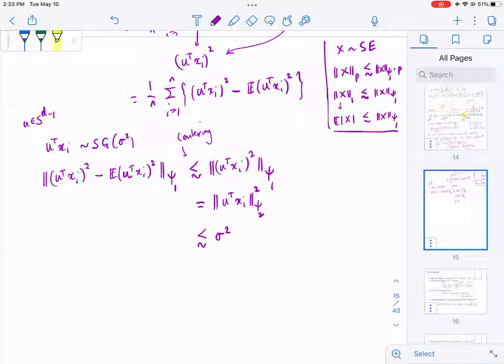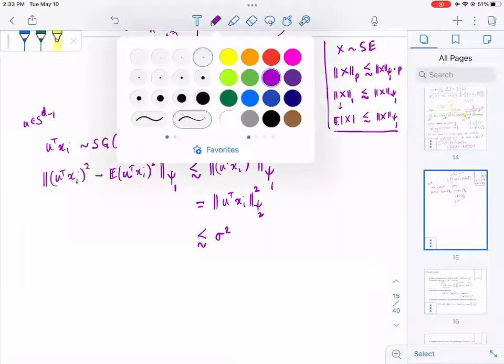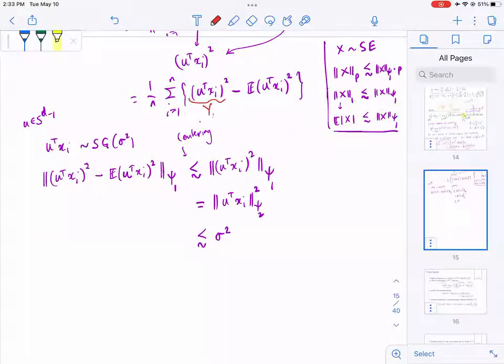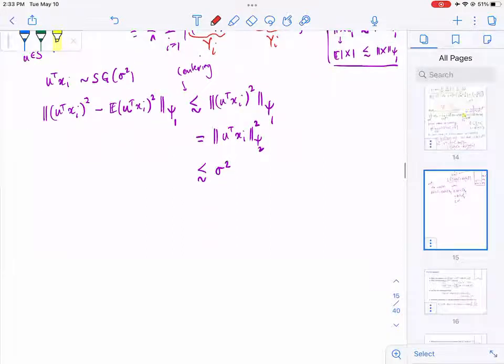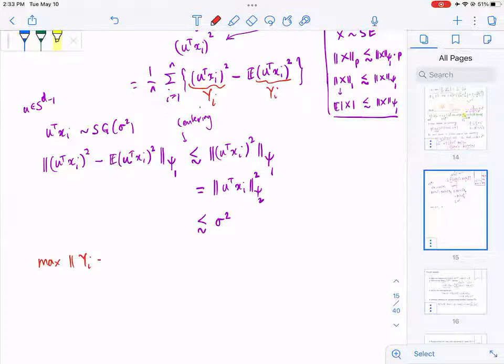So now how do we write the Bernstein inequality? Think of the entire thing as yi, with the expectation of yi subtracted.